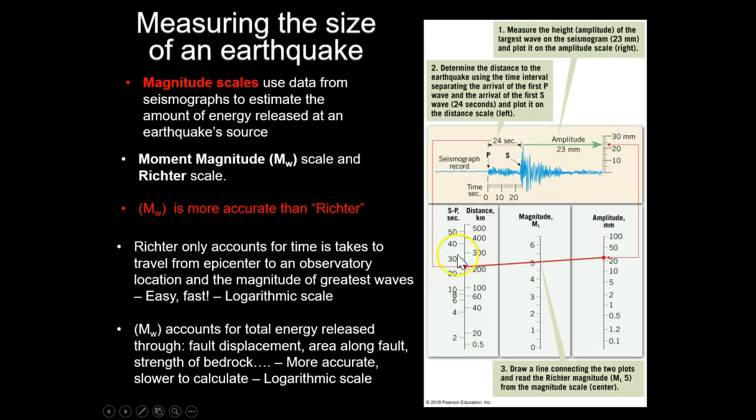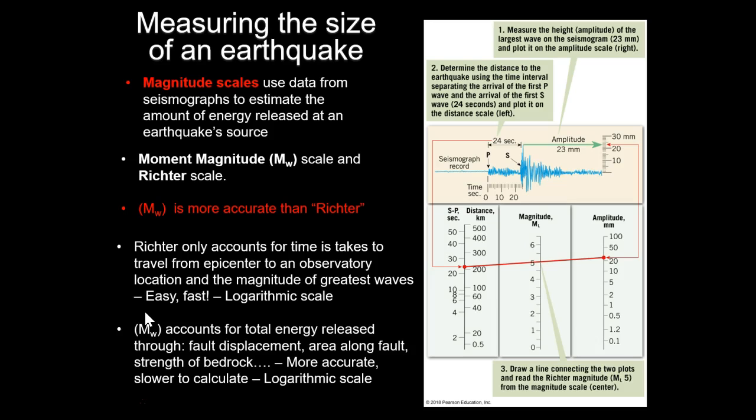The distance from the seismograph is calculated, and then the amplitude of the largest waves within the seismogram is recorded. Typically, the largest amplitude waves are going to be surface waves, and sometimes, rarely, secondary waves or S waves.